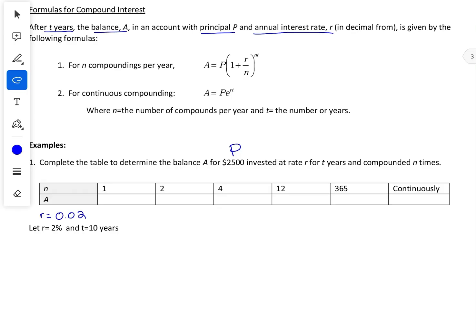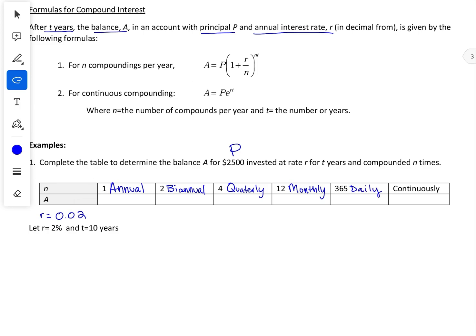N being 1 means annual, so one time. Twice is biannual. 4 times is quarterly. 12 times is monthly. 365 times is daily.